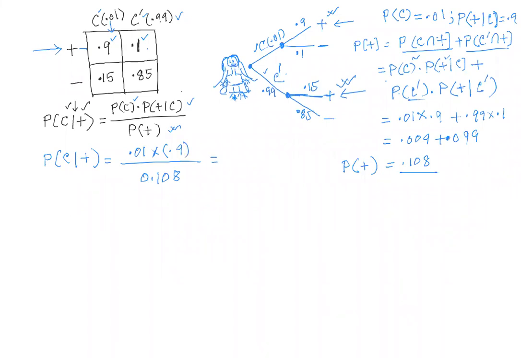That's going to give you 0.009 over 0.108, which is the same as 9 over 108. 9 divided by 108 is roughly 0.083, or about 8% chance that the person has cancer. There is about 8% chance that the person has cancer.